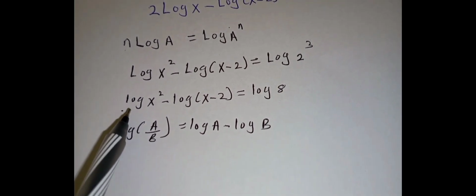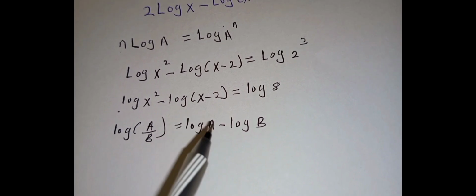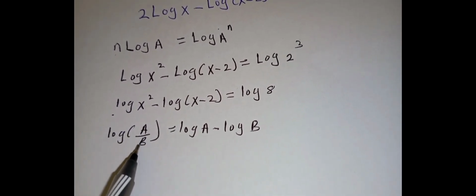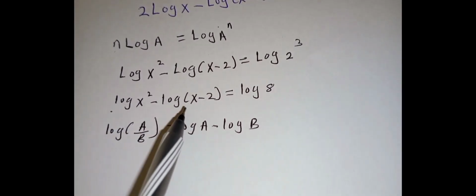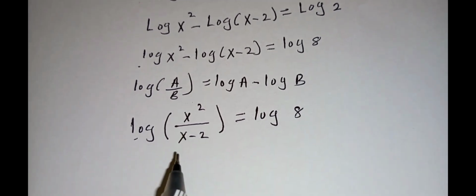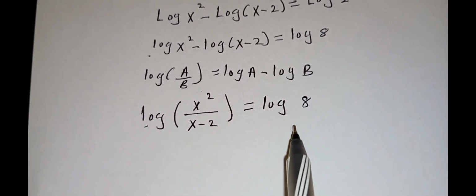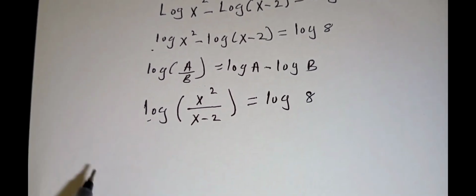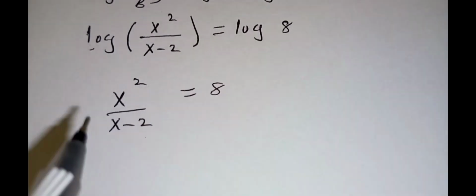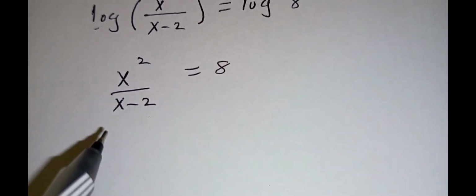So instead of log of x squared minus log bracket x minus 2, we are going to rewrite it in this form: log of bracket a over b, so that this part becomes log of bracket x squared divided by x minus 2, which is equivalent to log of 8. So we can cancel log both sides, so that we'll be left with x squared over x minus 2 is equal to 8.